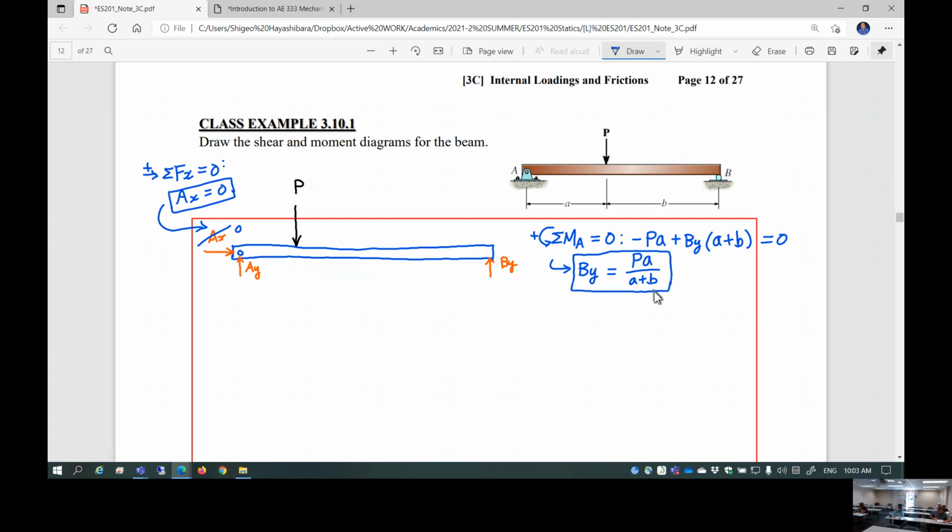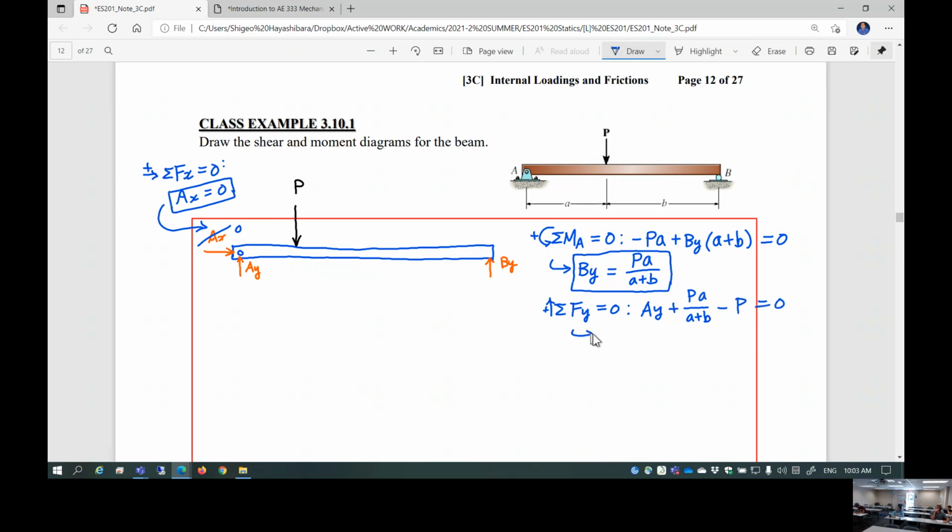First of all, and then summation of the force in Y direction is the next step, set equal to 0. This gives you AY positive, and then BY, which we know is PA over A plus B, and then minus P equals 0.